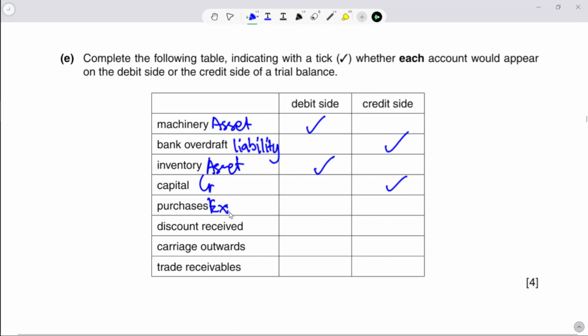Purchases expense. Discount received income. And carriage upwards, carriage, so it's an expense. Trade receivable asset, so it's debit.